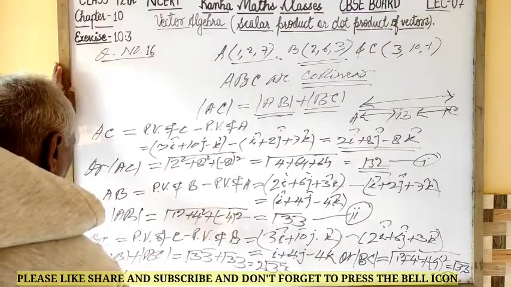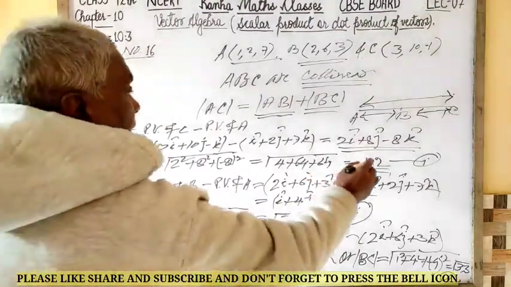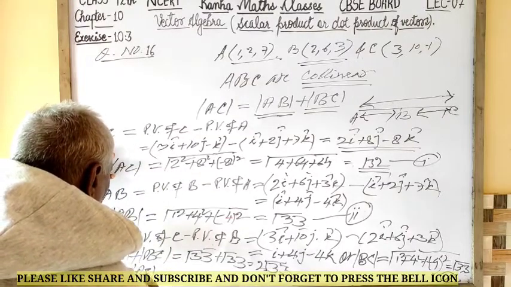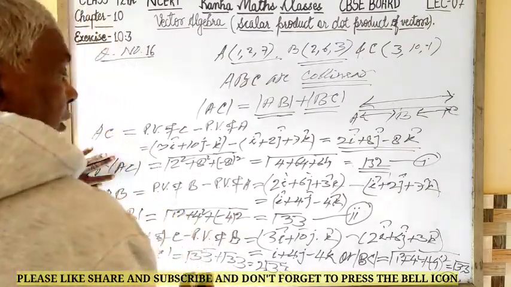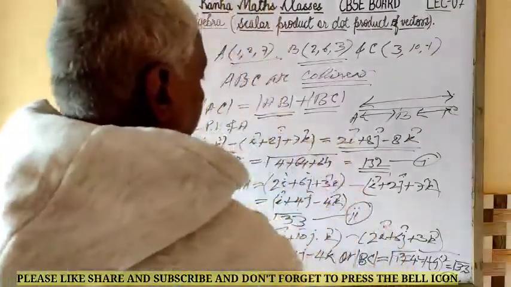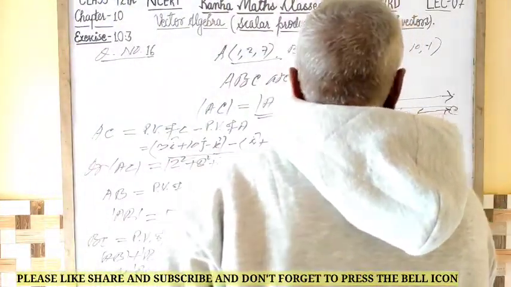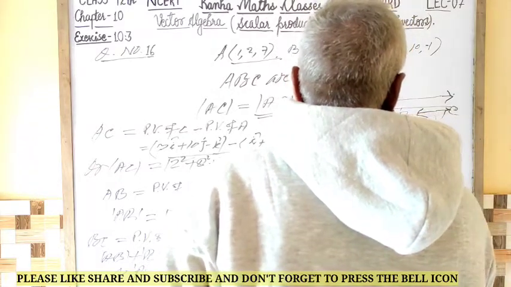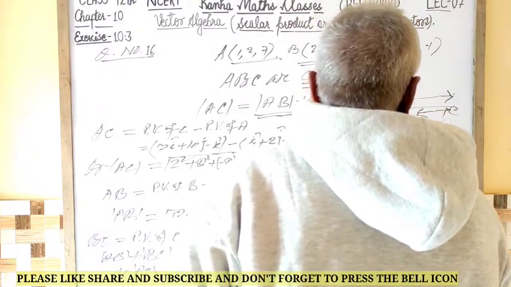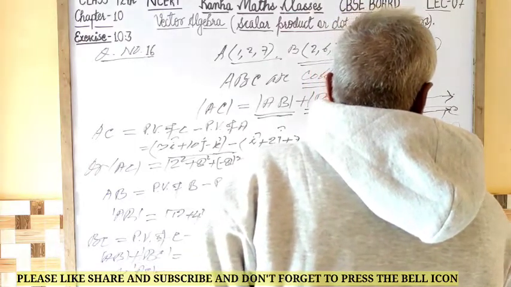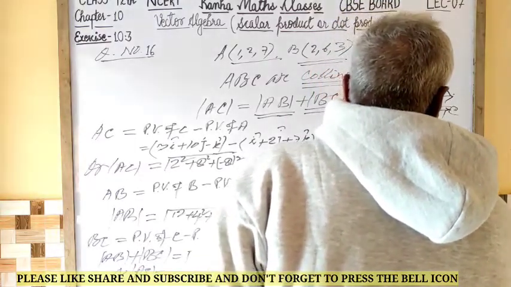And mod of AC, here you may write root 132, means 2 root 33.